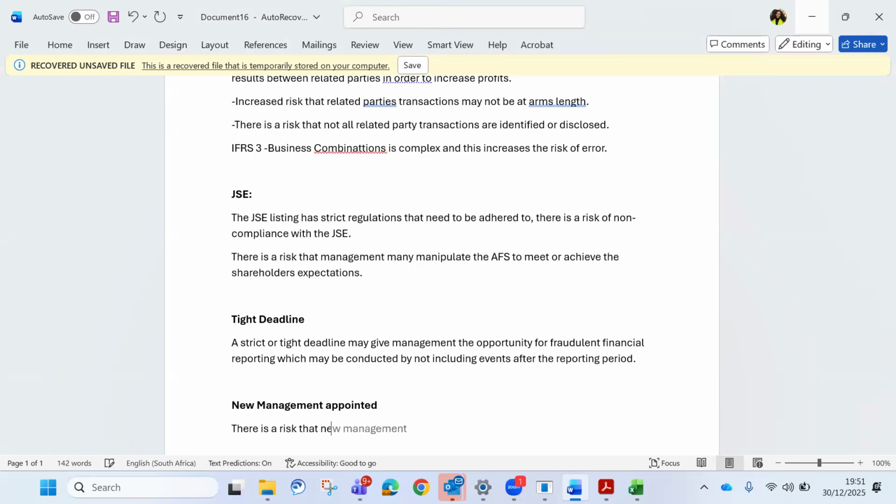There's a risk that new management may not have the appropriate skills and competence, which increases the risk of error.